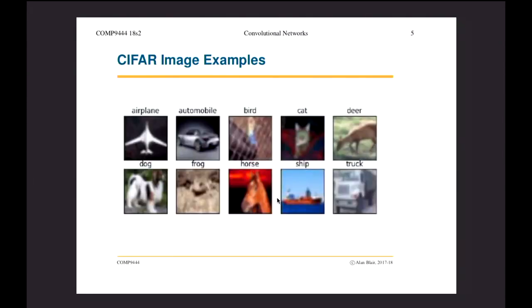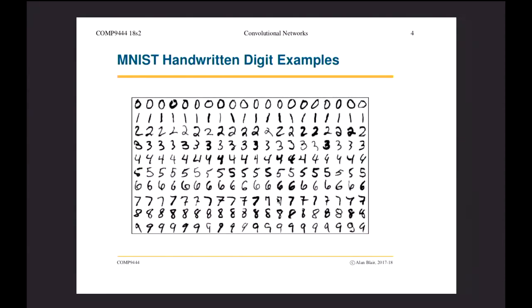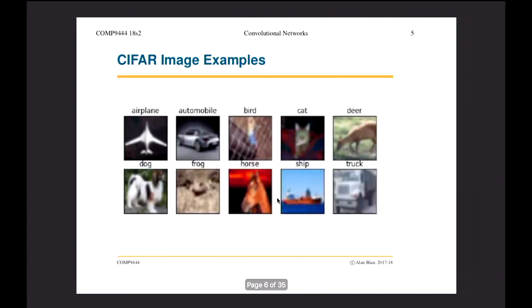But if we want to move on to something slightly more sophisticated, we could look at actual images of actual objects. A very commonly used data set is called the CIFAR data set. It's the same kind of size as the MNIST in terms of the number of classes and the number of images.